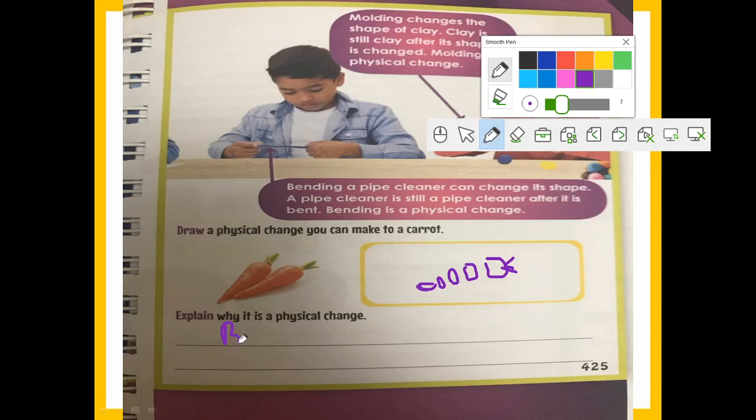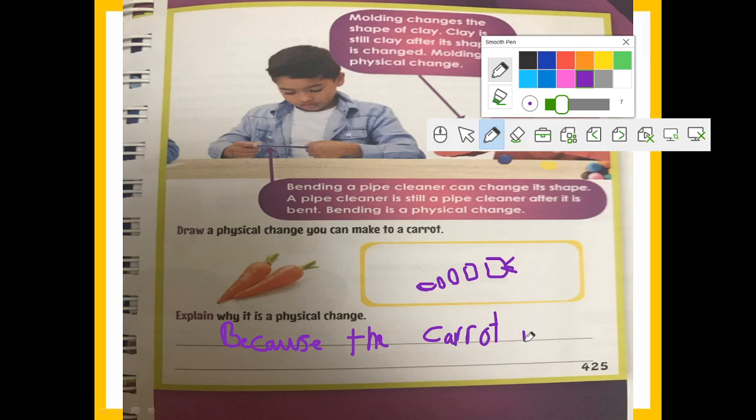Because the carrot here, this is our, boys and girls.